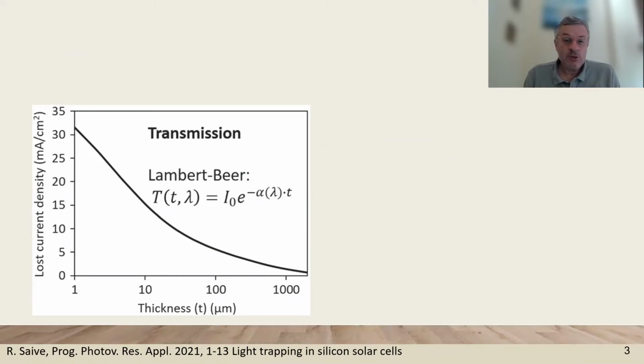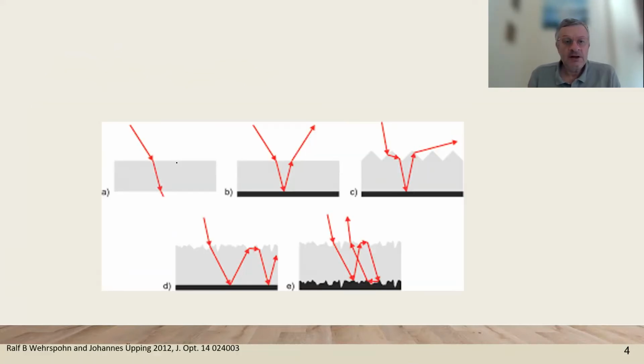But by the schemes we are going to discuss, the current thickness of silicon is about 180 micrometers. So the critical consideration is that the light needs a certain length to be absorbed. Otherwise, it would leave the absorber without being absorbed.